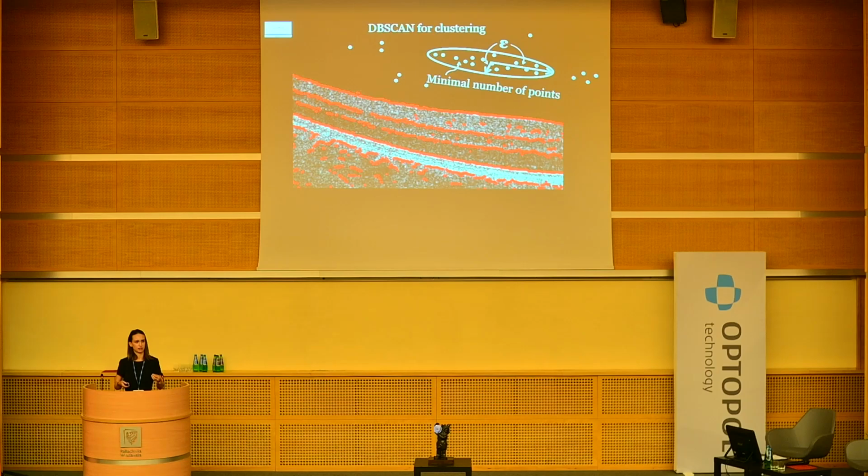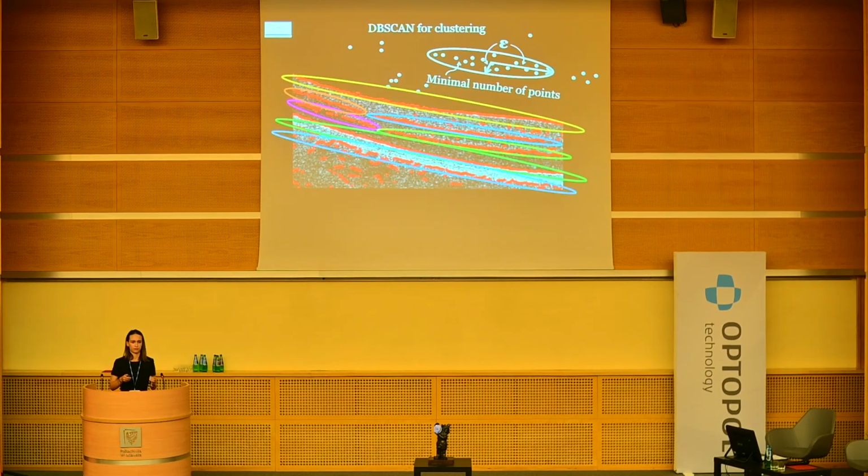The epsilon defines the radii of an ellipse of the cluster search, and the minimal number of points resonates with that certain density level of the group to be considered a cluster, not an outlier. And the DBSCAN performs the formation of the subgroups of the layers that are horizontal to each other and that are quite close to each other.